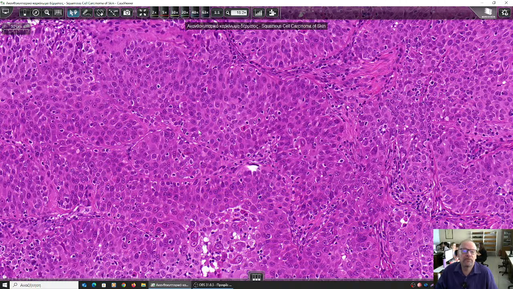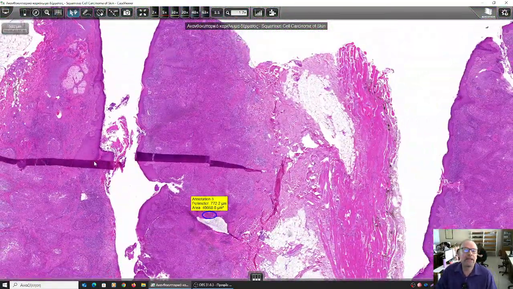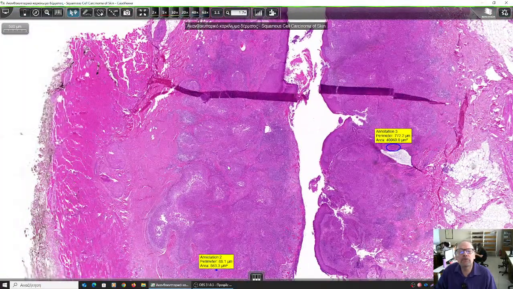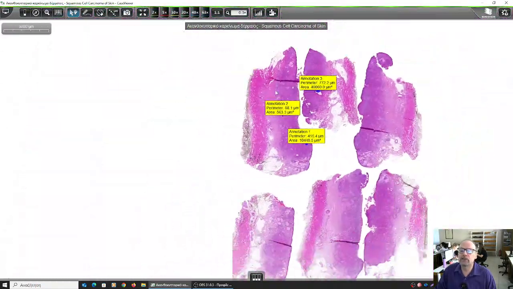So it's invasive, it's atypical, it derives from squamous cells, so it is a squamous cell carcinoma of the skin. And in contrast to basal cell carcinoma, squamous cell carcinomas can give metastasis, mainly if they develop on areas where the skin was burned. They have an increased metastatic potential, these specific squamous cell carcinoma cells.